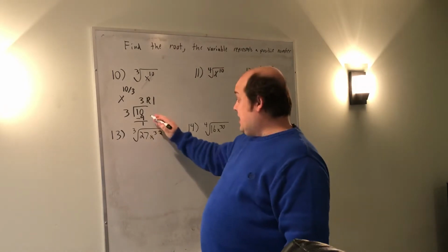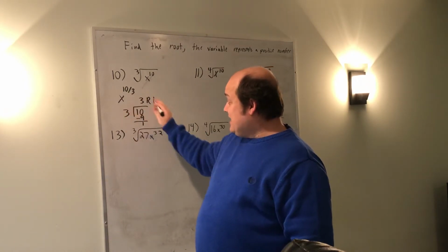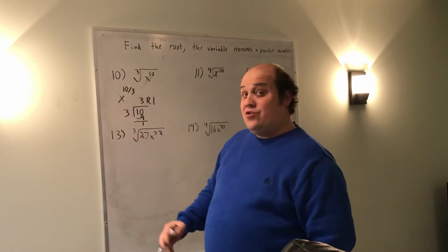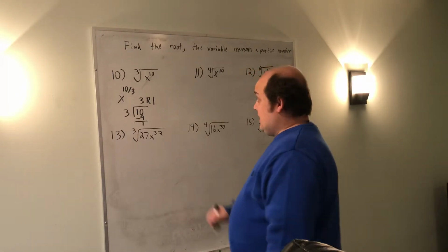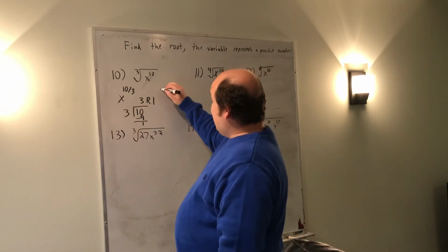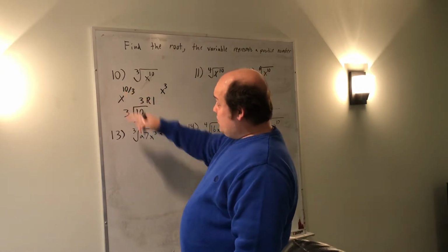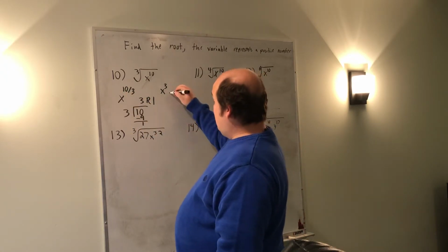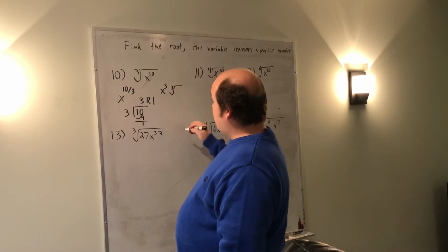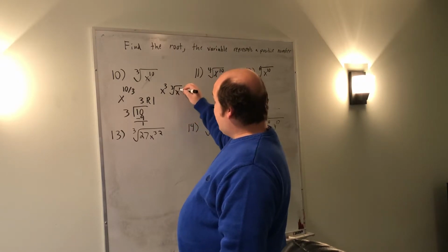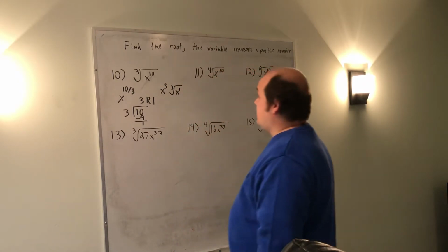This tells me I get x to the third that comes out evenly, because 9 is the largest multiple of 3 that goes in. I'm then left with the third root of x to the first that remained.